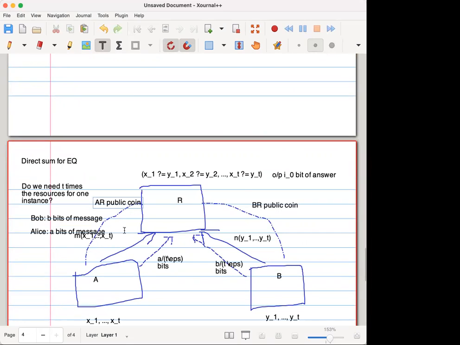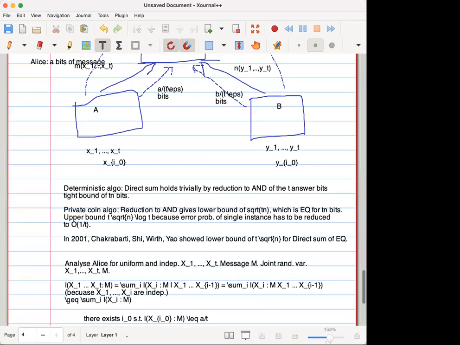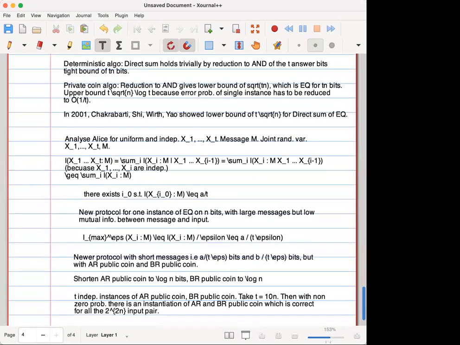There's one little thing. After fixing them, there is no error for any input pair. Remember what the referee was doing? The referee was taking a sample average over these T public coins of AR and T public coins of BR. So this instantiation strategy does not totally vitiate the public coin, but reduces it. How much public coin remains?